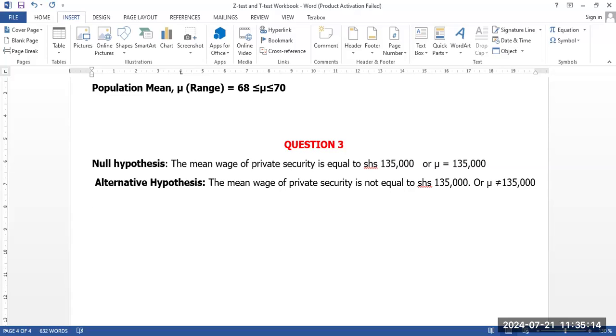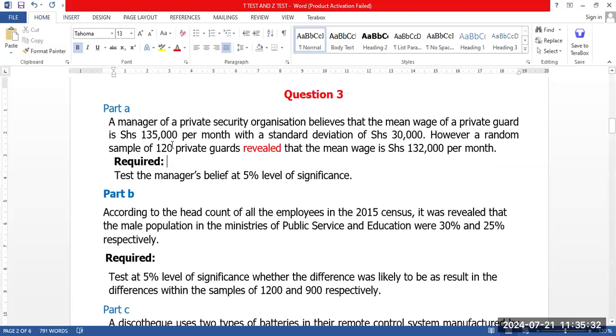Now we have understood that we are dealing with a two-tailed test here. Another question is, are we dealing with a Z test or a T test? What is our sample? 120. This is above 30.